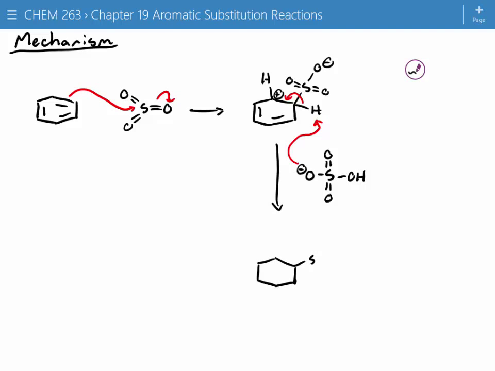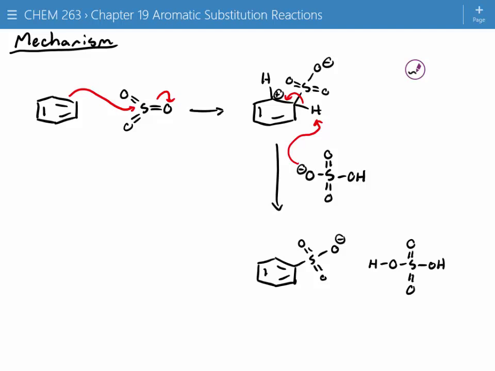we now get close to being done. But we still got a negative charge on that oxygen. What do you think will happen next? Yeah, it'll grab a proton from sulfuric acid.